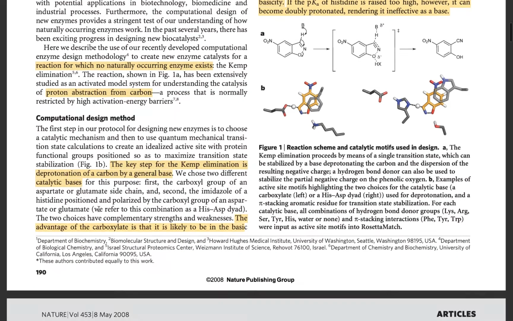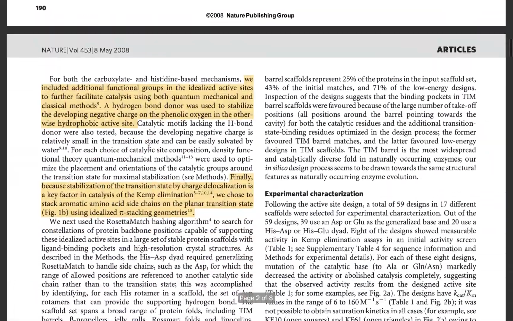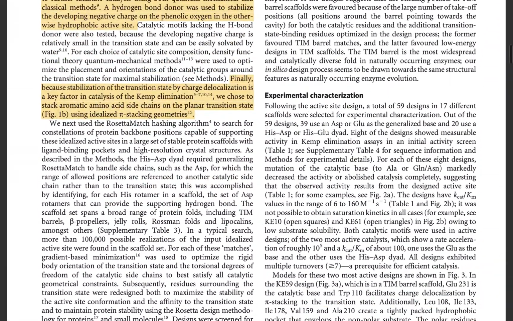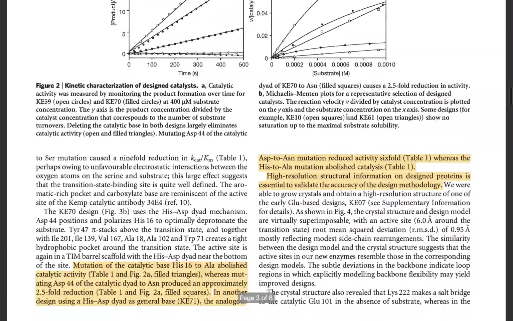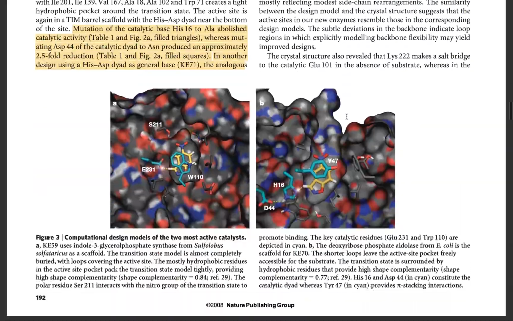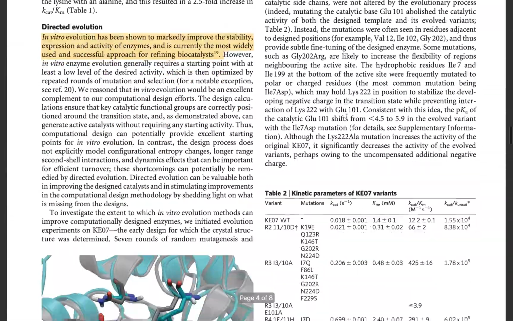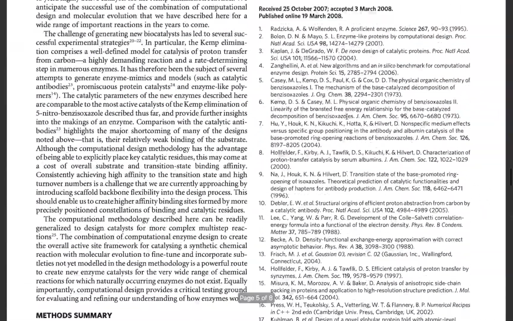And then, in Nature articles, they combine both the results section and the discussion. So this would be the results and discussion about the computational design method. This would be the results and discussion of the experimental characterization, and so on until they get to the conclusion.